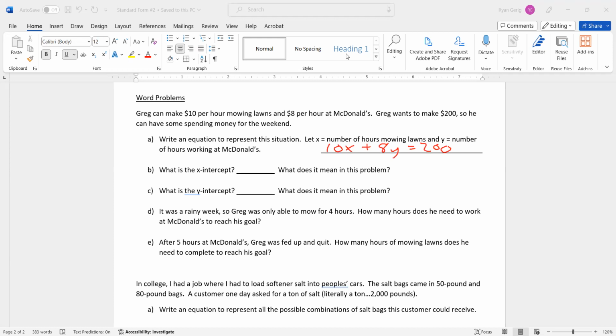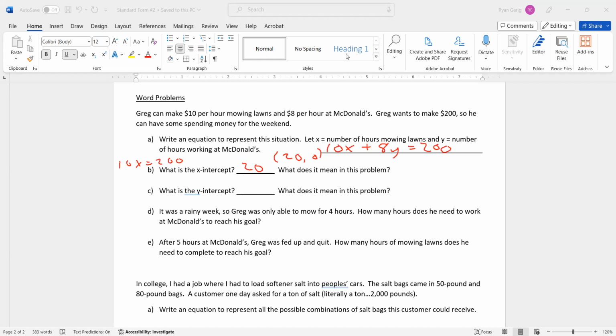What is the x-intercept? Cover up the y. 10x equals 200. Divide by 10, you get x equals 20. What does that mean? Well, that's the point 20, 0. That would mean 20 hours mowing lawns, 0 hours at McDonald's.